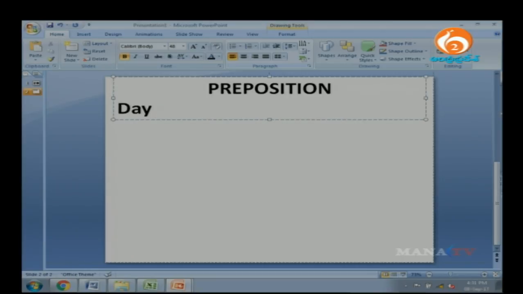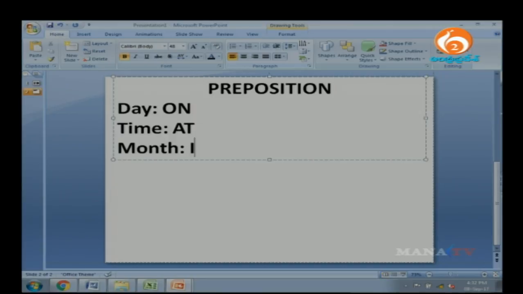If I have a day, then my preposition is on. If my time is a particular time, my preposition will be at. If my word is a month, it will be in. If it's a year, it will be in.